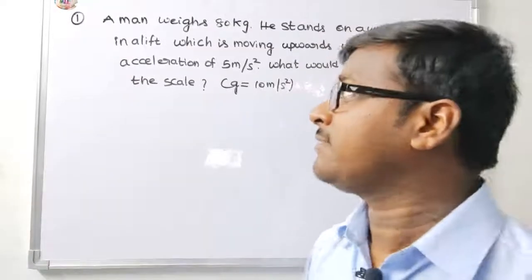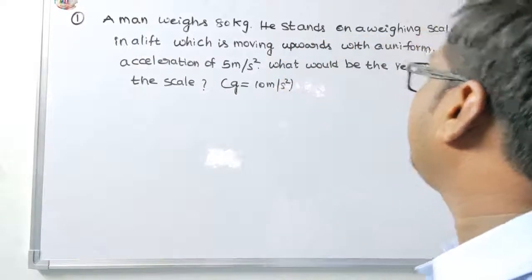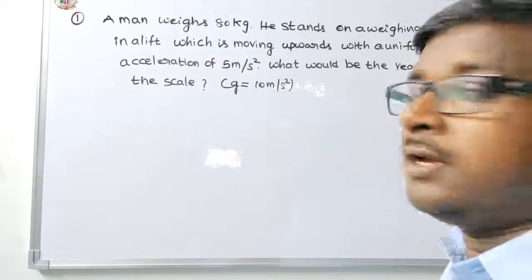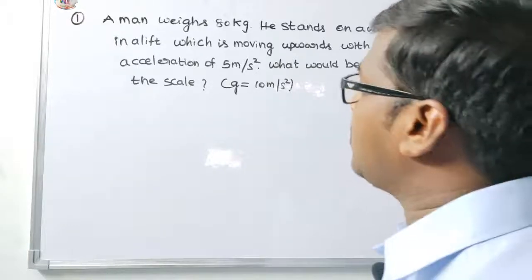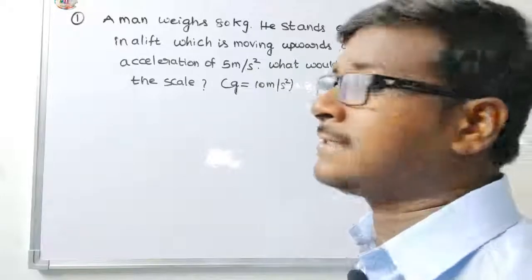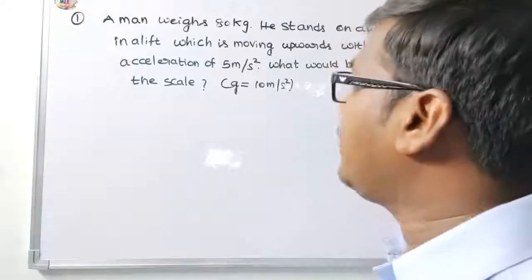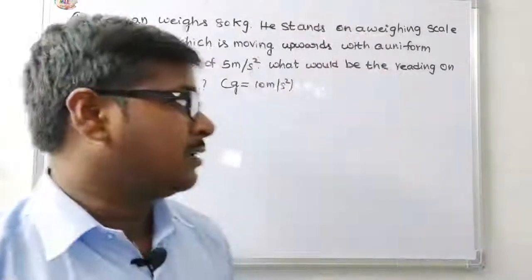First problem, students. A man weighs 80 kg. He stands on a weighing scale in a lift which is moving upwards with a uniform acceleration of 5 meter per second square. What would be the reading on the scale? Take g is equal to 10 meter per second square. A very simple problem.